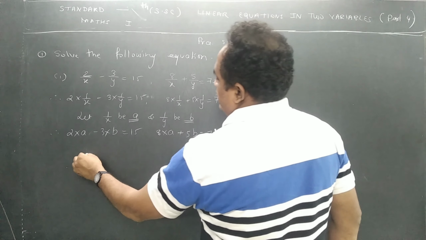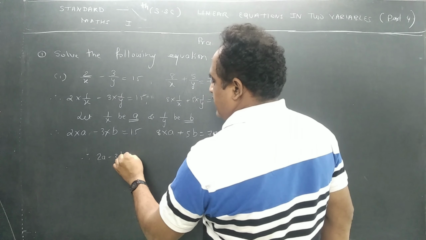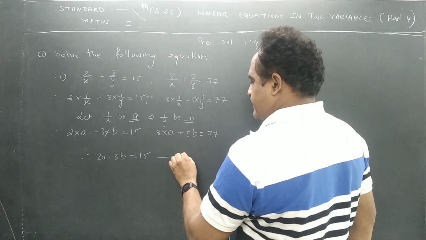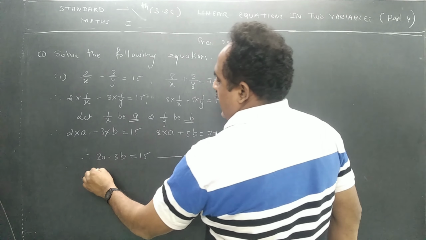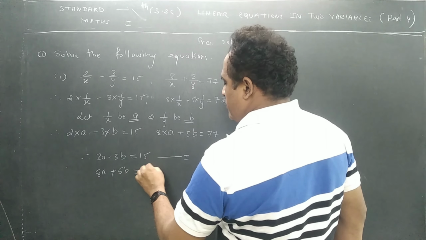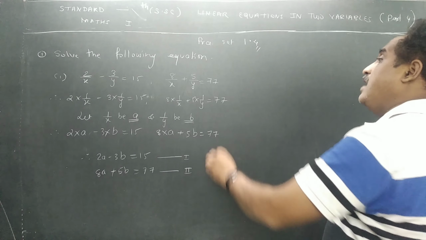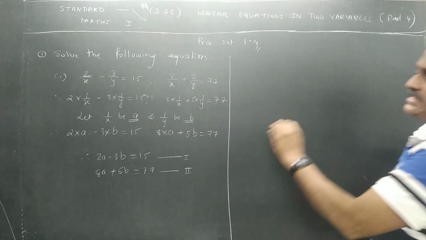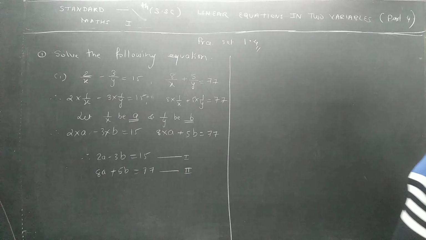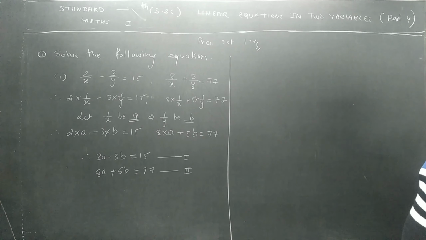So I can give the numbering as what? 2a minus 3b is equal to 15 is equation 1. And 8a plus 5b is equal to 77 is equation 2. Now whatever we got, that is actually a linear equation in two variables or a simultaneous equation.